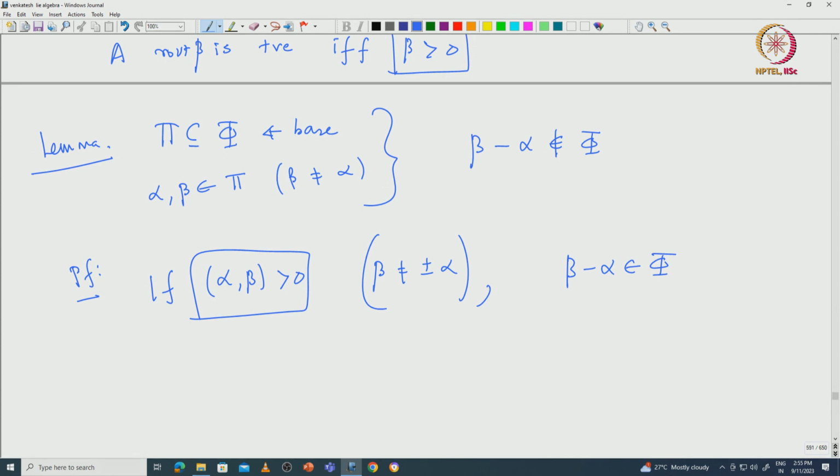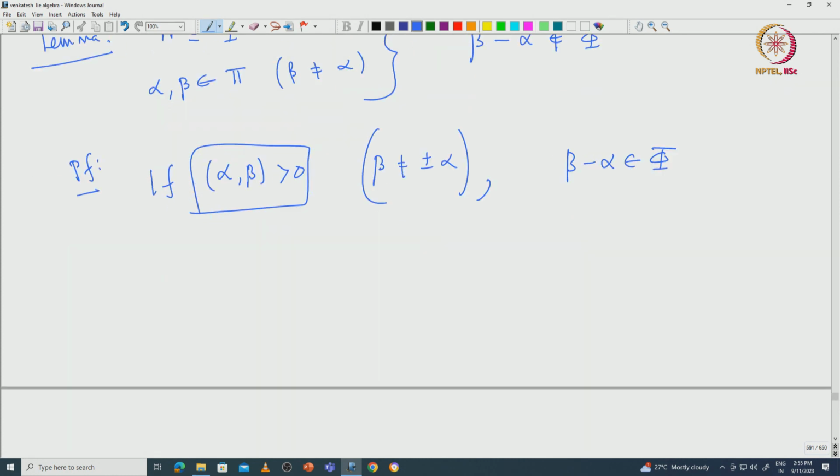But then immediately you can see that this beta minus alpha has mixed sign coefficients. Okay. This is a root, let us call it gamma. This gamma is written as a linear combination of elements from pi, but whatever the coefficients, that linear combination must be a unique expression, and this one has mixed signs, plus and minus.